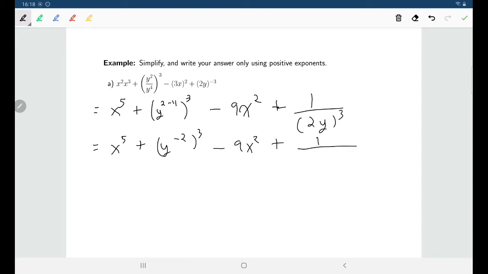Here in the last term, I've got 1 over 2y cubed. That would be 2 cubed, which is 8, and y cubed. And then I think the last thing that I would have is just to simplify that second term. So when I have y to the negative 2 to the power of 3, that would be multiplying those exponents together. y to the negative 6, and y to the negative 6 is the same thing as 1 over y to the positive 6.